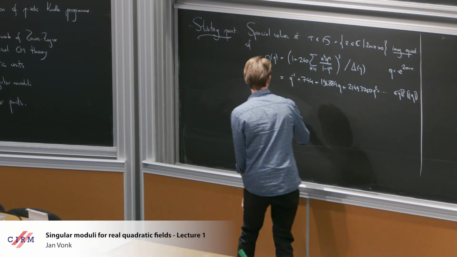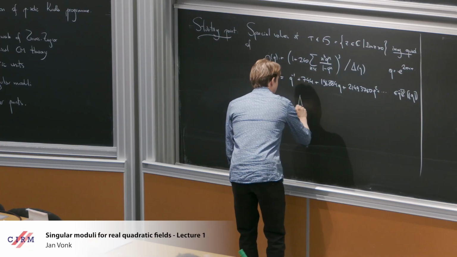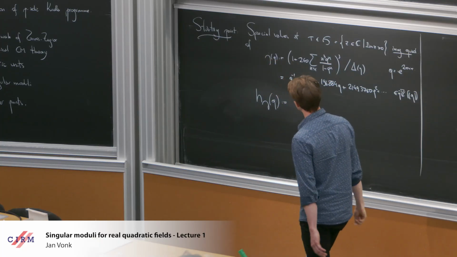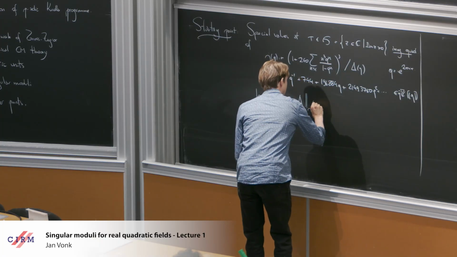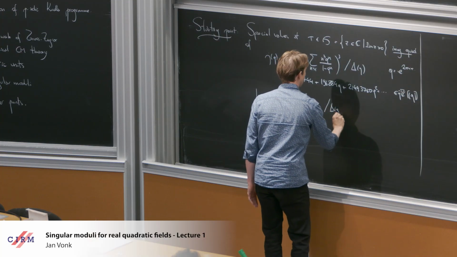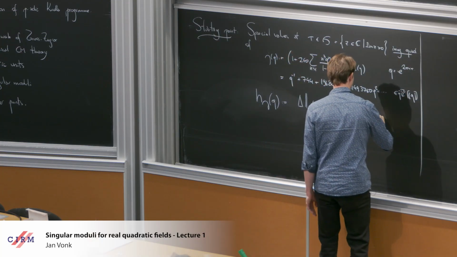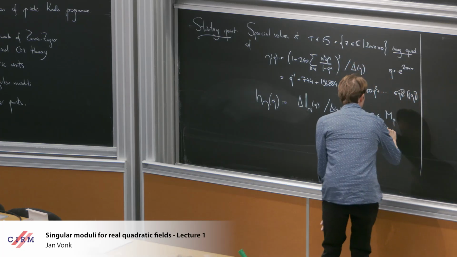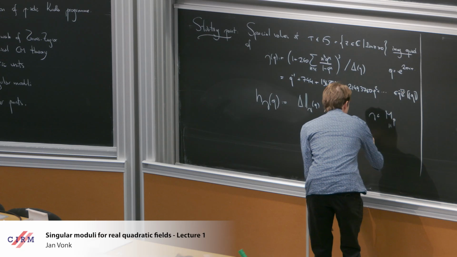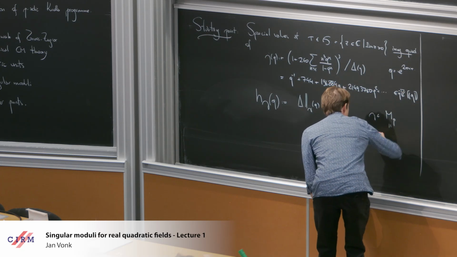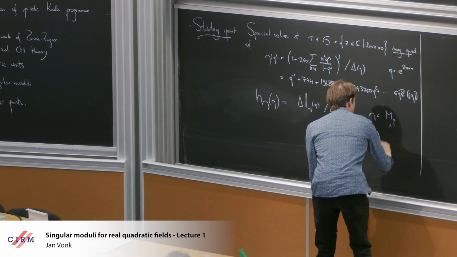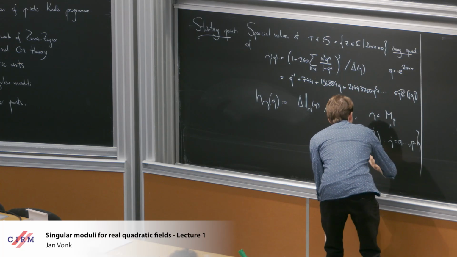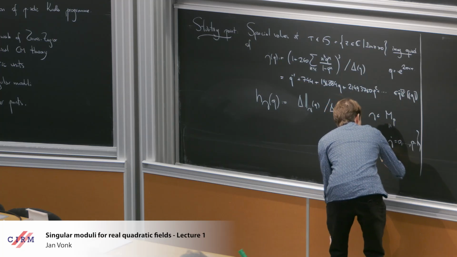So this H of gamma, let me define it for you. So it'll also be obtained from the Ramanujan delta series. And I will hit it with the usual weight 12 action of matrices gamma as a q-series, and then divide out by delta. Where gamma will belong to a set that I'll call M_p. And this set will be the union, let me call it J actually, of these matrices as well as this one.